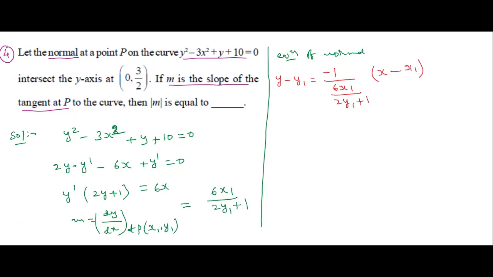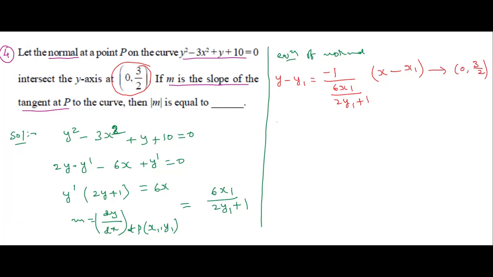But this normal intersects the y-axis at (0, 3 by 2). That means this line is passing through (0, 3 by 2). Substitute in place of x and y, not in place of x1, y1. Okay.